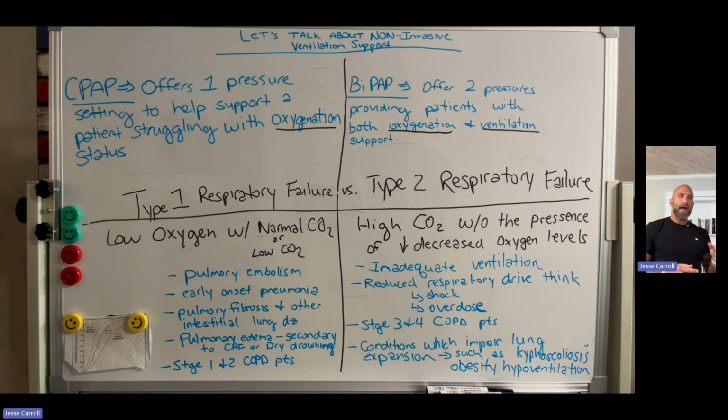And what typically happens in the pre-hospital space that we see with our rescuers is by the time these patients are calling us and asking us to intervene and help them because they can't breathe, they usually have gone past the point of no return, and they're actually moving towards that type 2 style of respiratory failure. So they're going to need support in both their oxygenation status and their ventilation status.